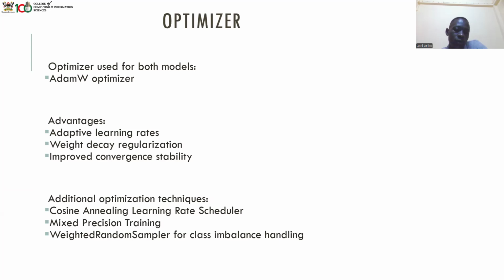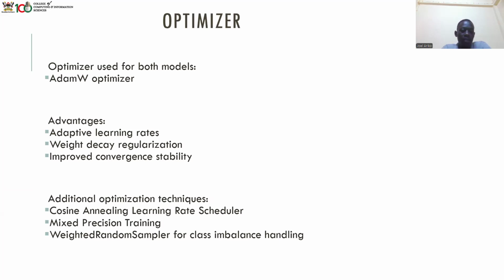Then additional optimization techniques. Of course, we had the cosine annealing learning rate scheduler, which is a strategy that helps us adjust the learning rate during training so that you can decide to increase or decrease it smoothly. Then for mixed precision, this helps us reduce GPU memory usage as it speeds up training.